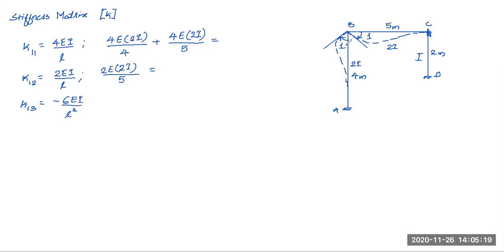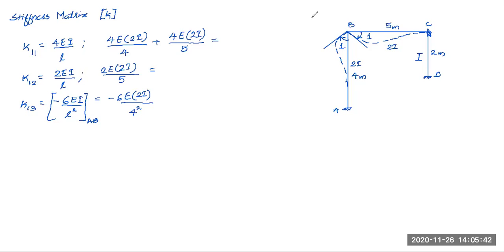You should take the E and I values of member AB. So here it comes, minus 6E into 2I divided by 4 square.